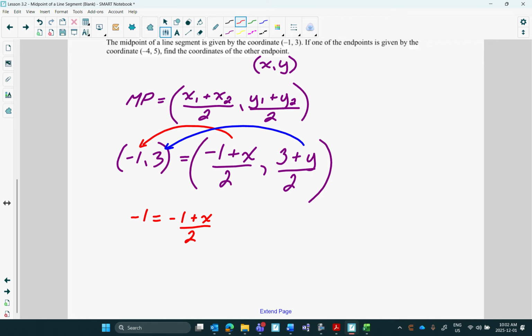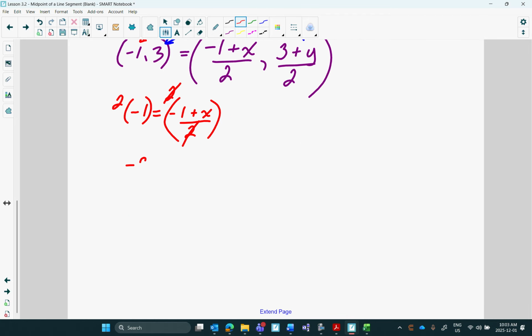First thing, get rid of the fraction. How do I get rid of divide by 2? Times 2, and they'll cancel each other out. But whatever I do to one side, I got to do the same thing to the other. So what do I end up with? -2 equals -1 plus x. No more fraction.